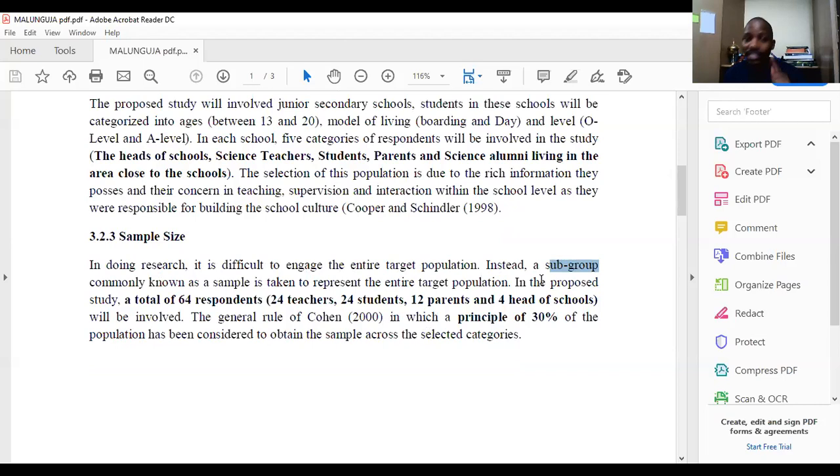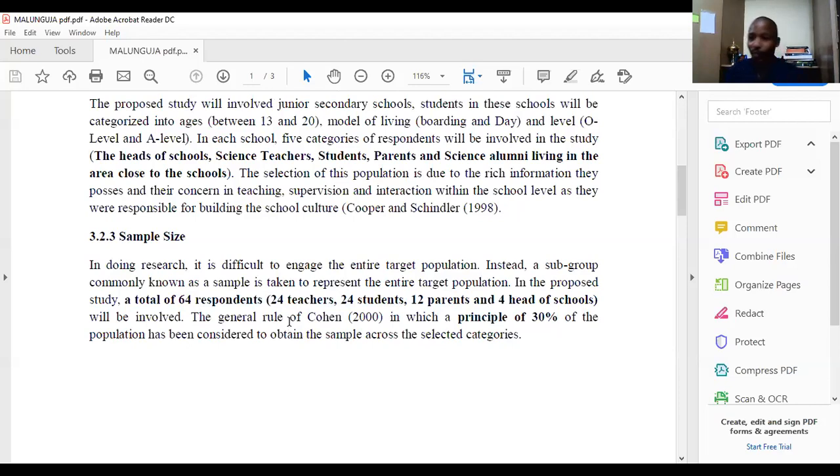In the proposed study, a total of 64 respondents will be included. But remember, this 64 is the whole, from which we should know how many of each category. Here, of the 64, 24 will be teachers, 24 will be students, 12 will be parents, and 4 will be heads of schools.